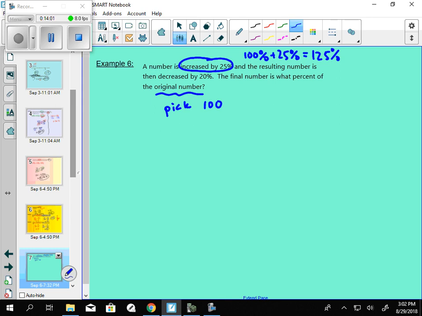Well, set up a proportion. 125 out of 100% equals what new number? We don't know this new number. Our starting number was 100. If we cross multiply and divide, we get 100x equals this, and then divide by 100. We end up here with 125 as our new number.